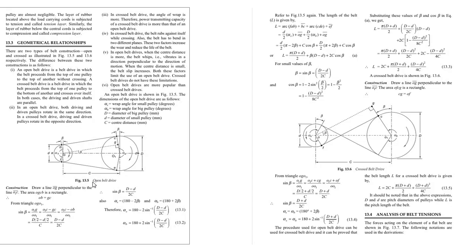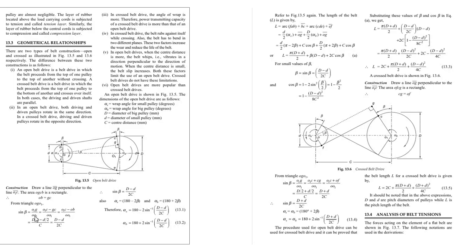Then we will use some trigonometric relations. First, we focus on triangle OGO1, in which sine beta is the opposite side to the hypotenuse. Here the hypotenuse is OO1 and the opposite side is O1G.